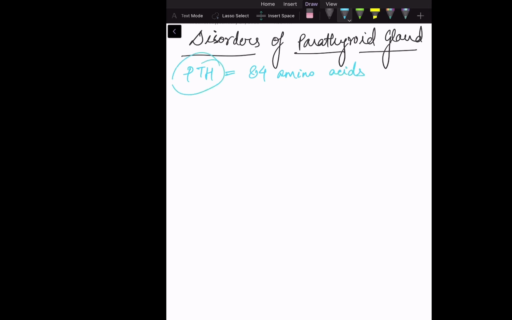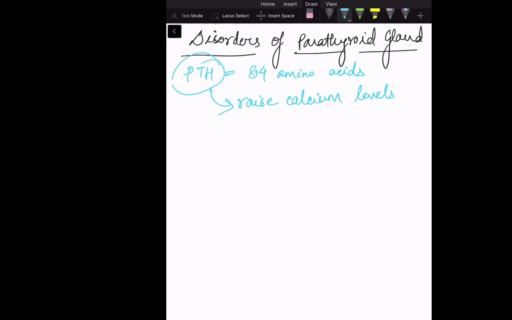What they do is that they raise calcium levels. Their function is basically bone reabsorption, and they will rise if calcium level is low.